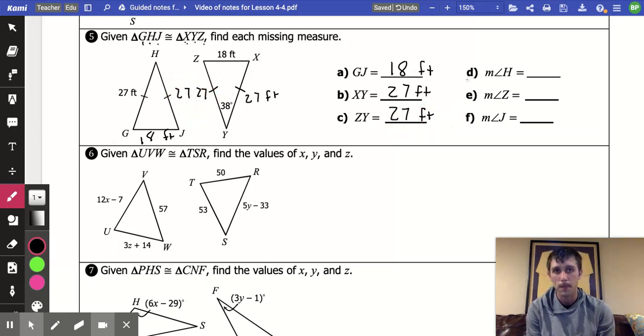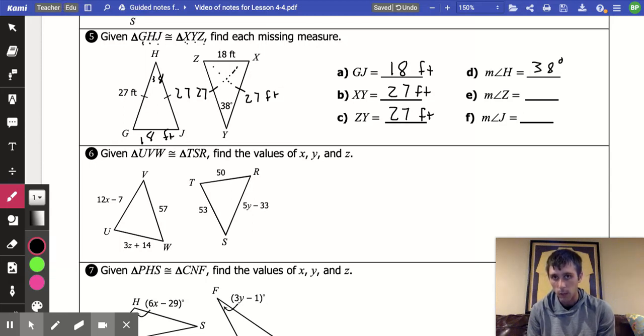All right, now let's find our angles. Angle H is in the middle. It matches up with angle Y. What is angle Y? Angle Y is 38 degrees. All right. Now, how do we find angle Z? Remember, the base angles of an isosceles triangle are the same, right? And we know one angle is 38, so 180 minus 38 tells us that the rest is 142.